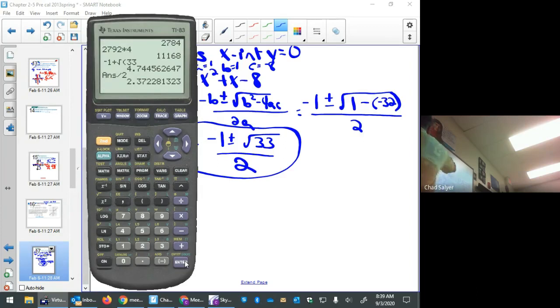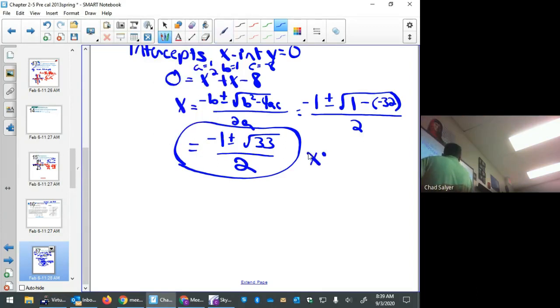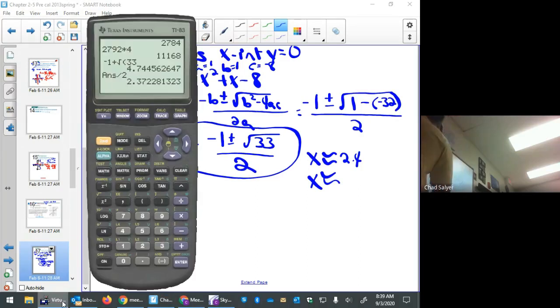So that's about 2.4. And then negative 1 minus the square root of 33, and then divided by 2. It's about negative 3.4.